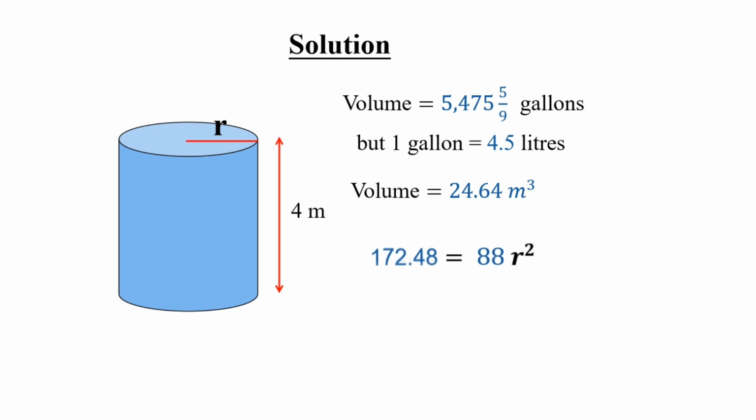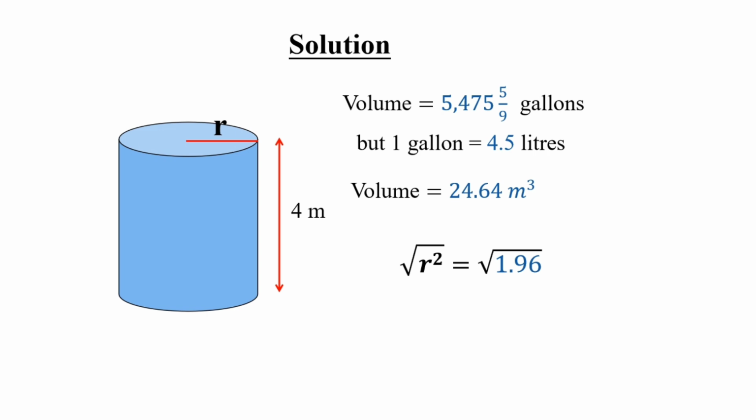We divide both sides by 88, or multiply both sides by 1/88, and that gives us r squared equals 1.96. Then we take the square root of both sides. We know that definitely we are going to get two solutions, one negative and one positive.